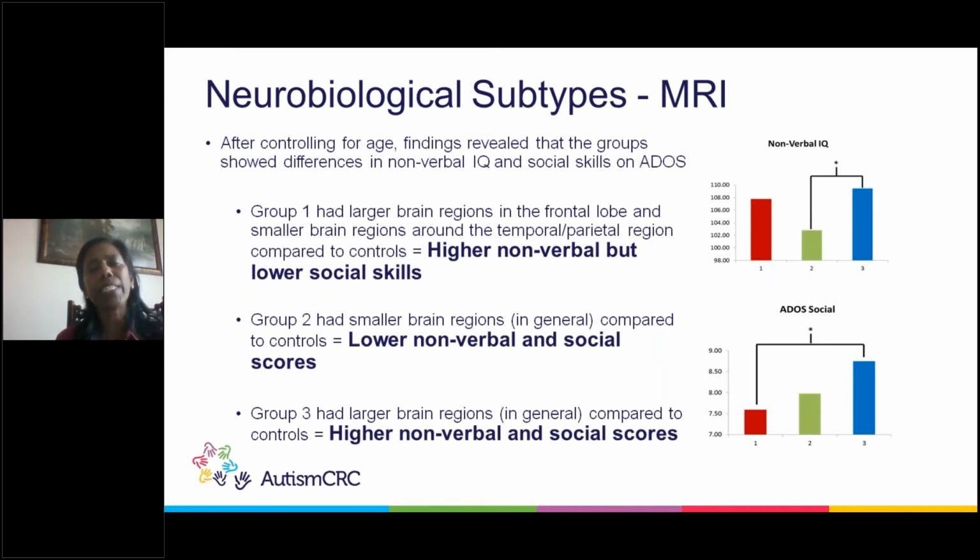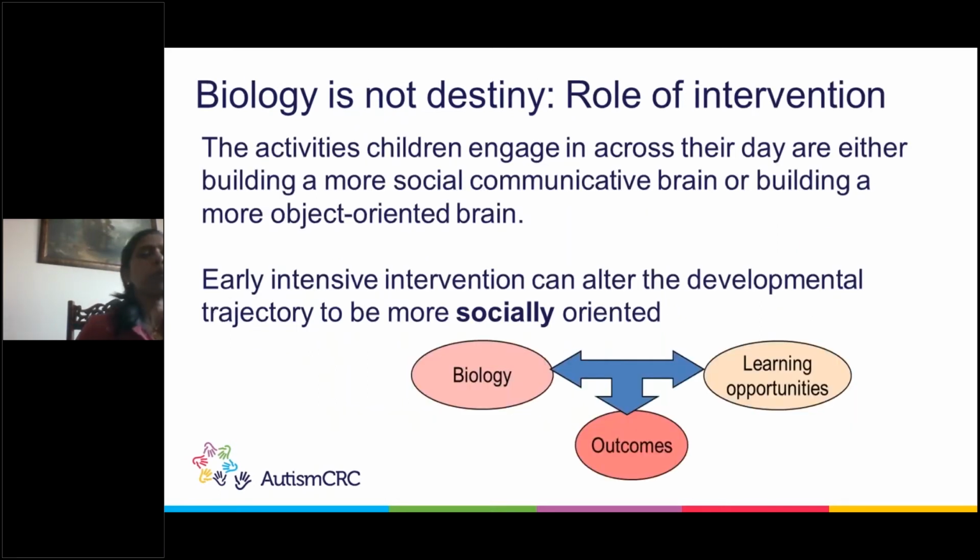So again, the idea of the subtyping program is to understand what unique profile each child has, and also other children who have a similar profile. Can we group them together so that we can provide the right intervention, the right supports, and that can also come into play in the transition to school support as well.